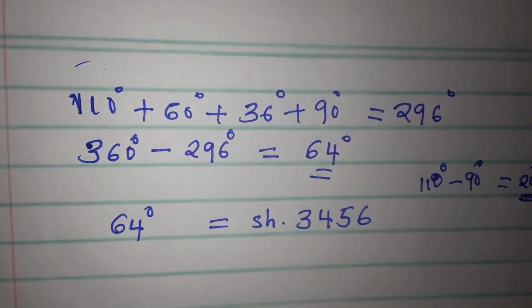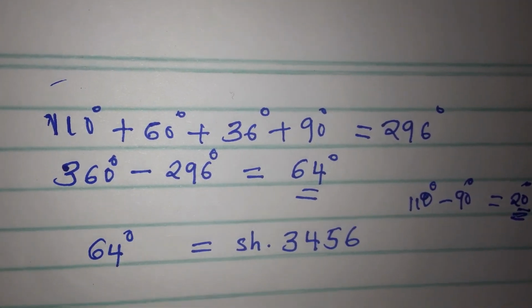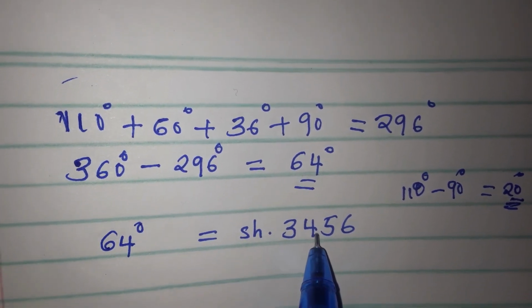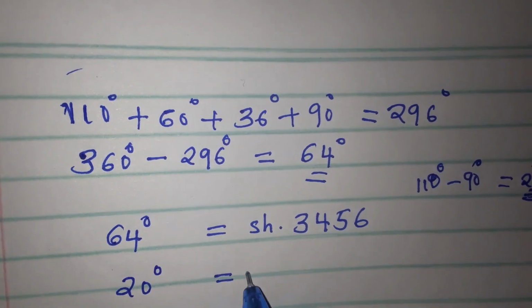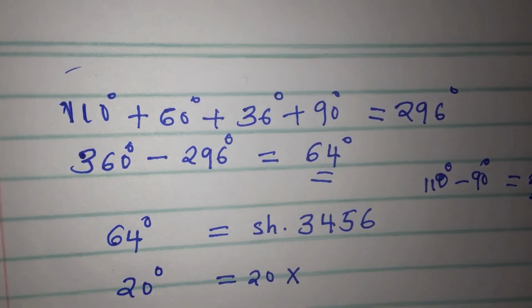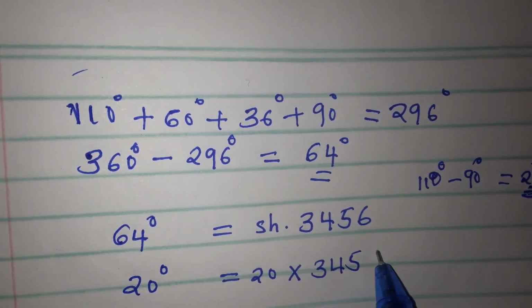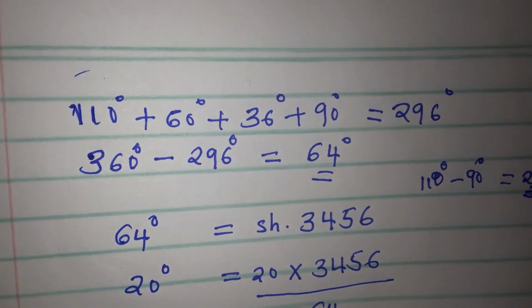So how much more is 20 degrees? It will be, 64 degrees represent this amount. So what about 20 degrees? It will be 20, that is the cross multiplication, 20 times 3,456, all this you divide by 64.